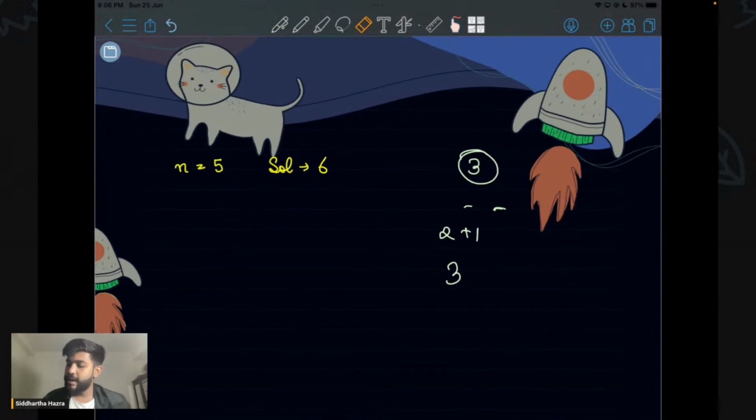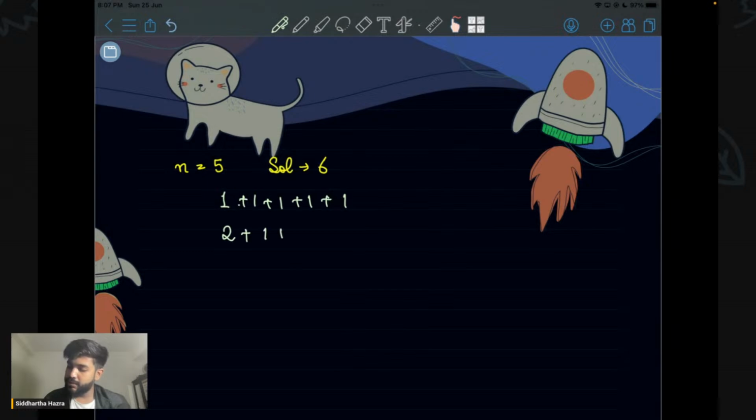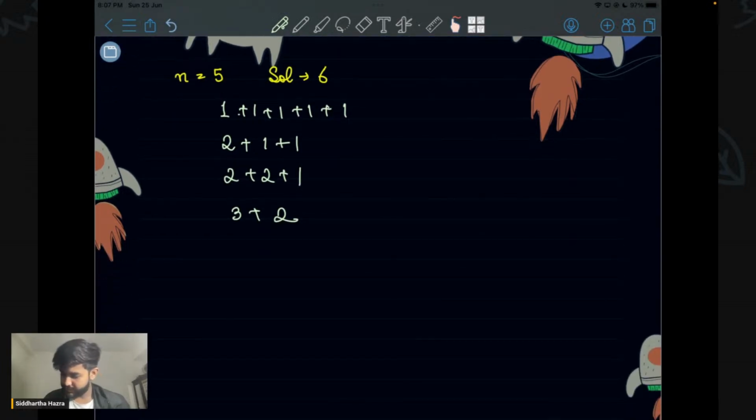In the same manner, if we have something like 5, we can represent 5 like this: 1+1+1+1+1, then 2+1+1+1, and then 2+2+1, and then 3+2, and this would be one more, and this would be 2 plus 2, 3 plus 2, 5.